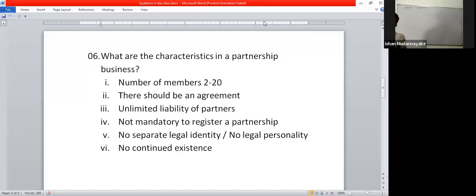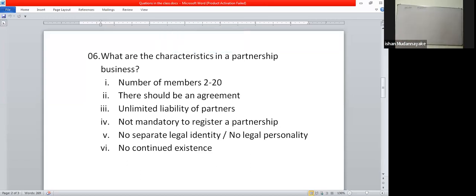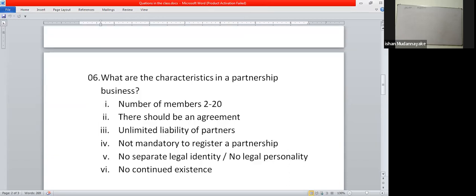Those are the characteristics we discussed last day regarding a partnership business organization. Then we discussed the laws related to partnership.